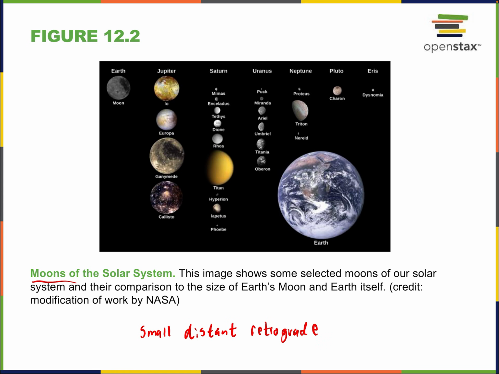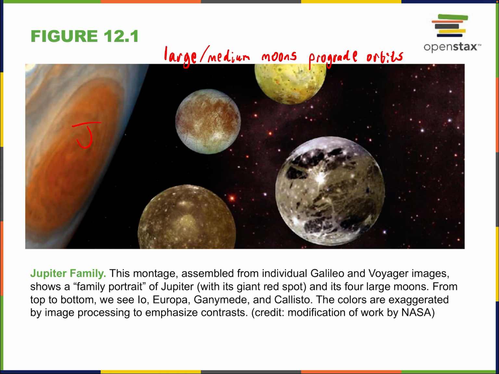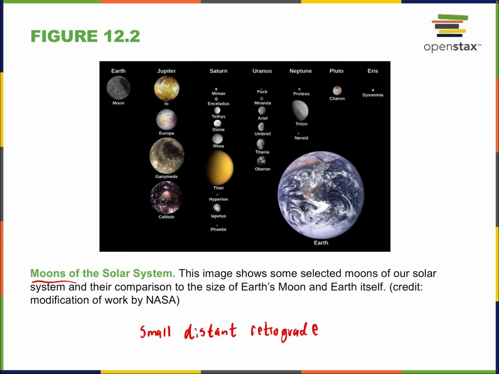They're still moons of the planet, such as moons of Jupiter, moons of Saturn, and so on, but these small, distant retrograde moons often have irregular shapes. They're not spherical, unlike all the ones shown here, because this image here, figure 12.2, is all large and medium moons. Okay, so the small distant retrograde moons I'm mentioning are in contrast to them.